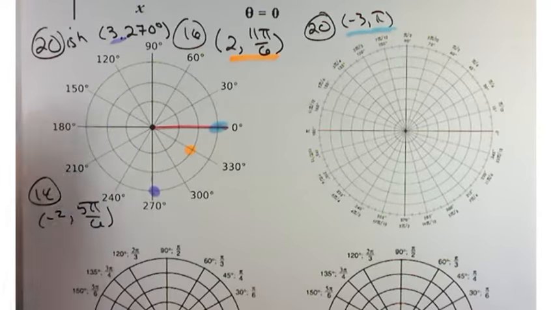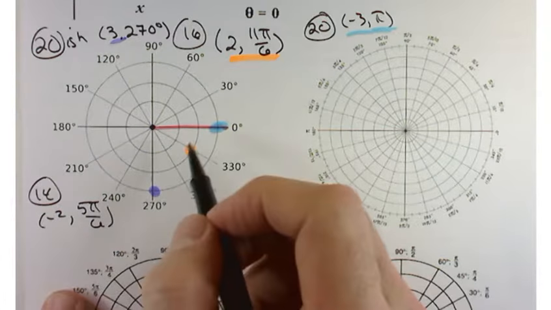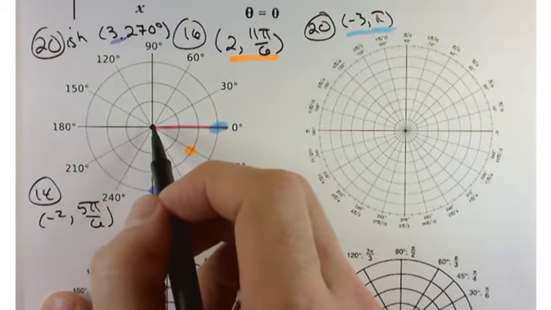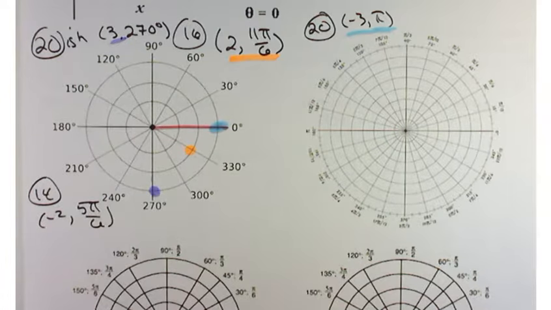And this one's going to be kind of interesting. So find your angle, 5 pi over 6, and then plot the radius of -2. What do you notice about this one?